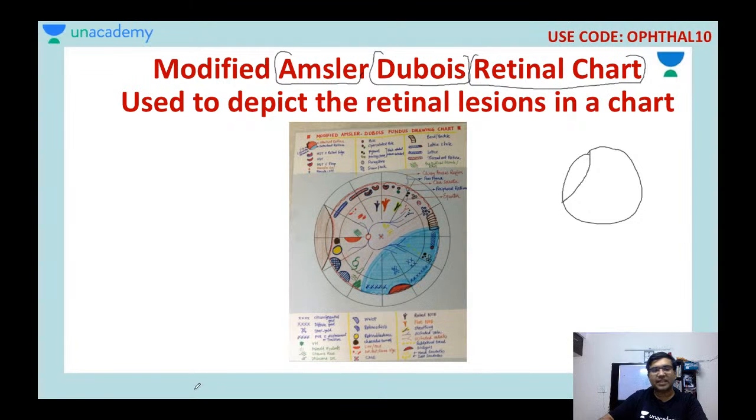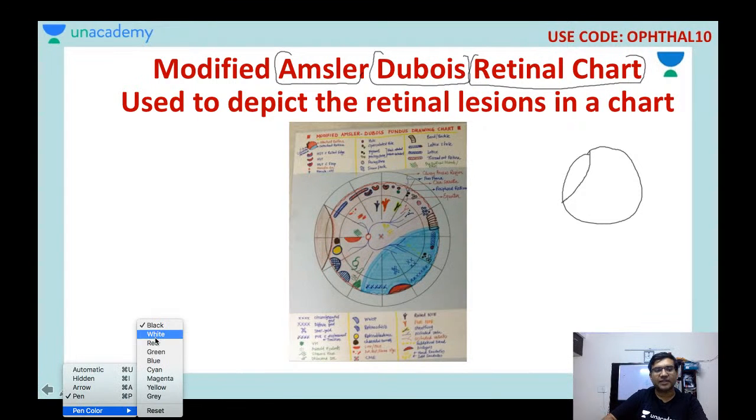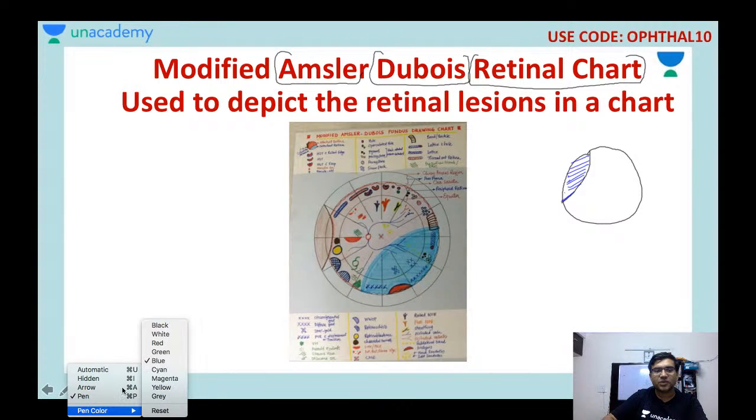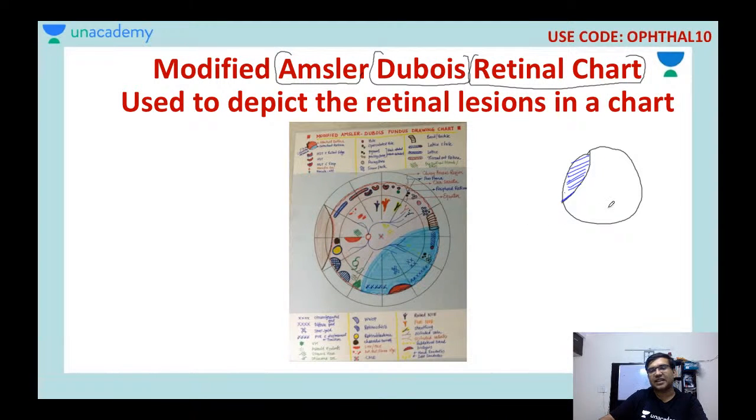So you make it with blue color. There is a color coding: blue means this is the area of the detached retina. If you have hemorrhages there, you make them with red color. If you have neovascularization, you draw it like fronds.